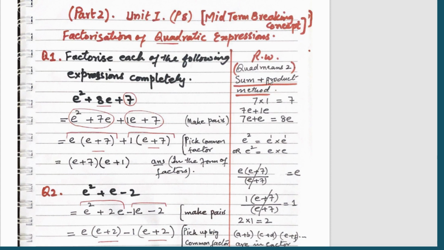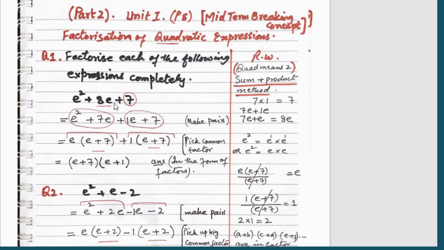With the help of the sum and product method. We will take help from the neighboring number. The neighboring number is 7, which is the constant. The constant of this expression is a very helpful number in such questions. We will take help from it and it will help us in breaking this midterm.